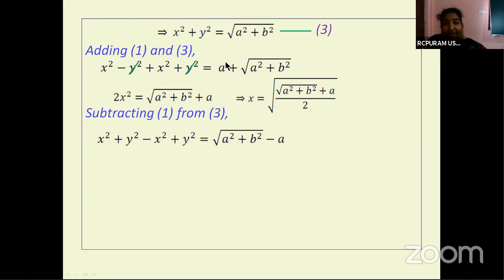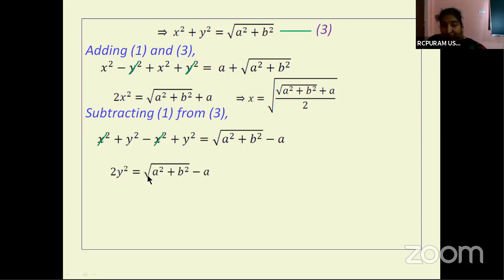So here on the right hand side, you have root of a square plus b square minus a, right? Then x square and minus x square, they get cancelled. You will have it as 2y square is equal to root of a square plus b square minus a.